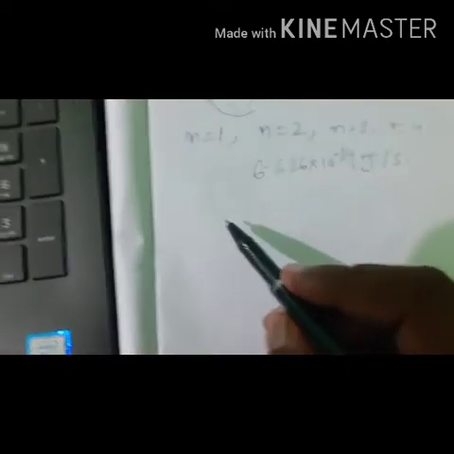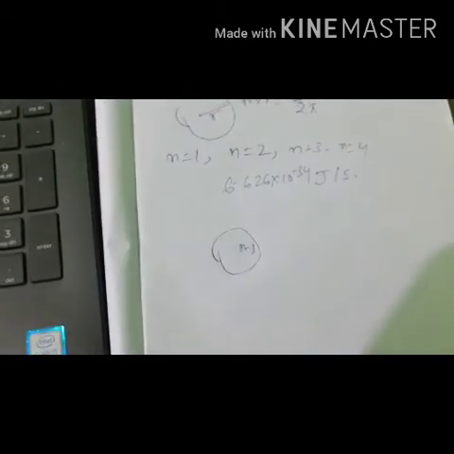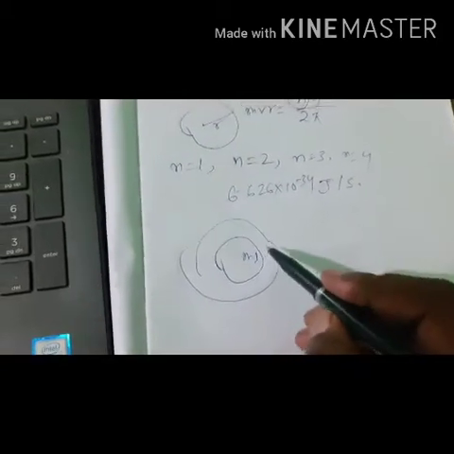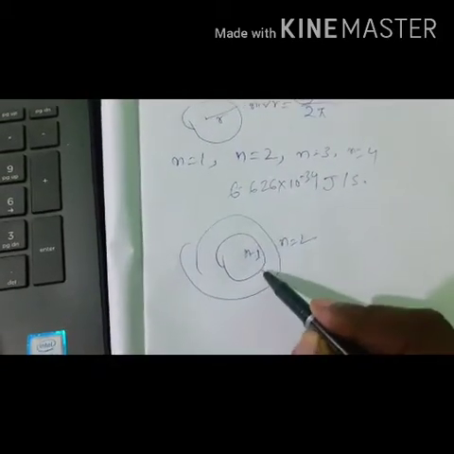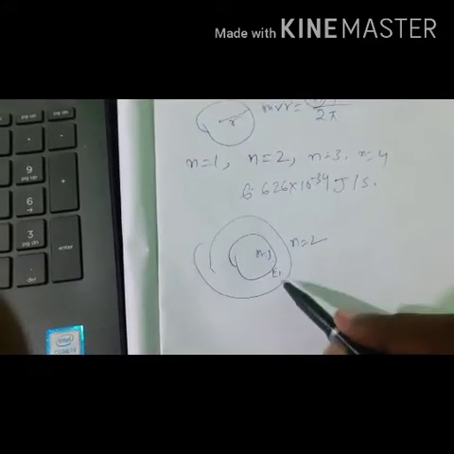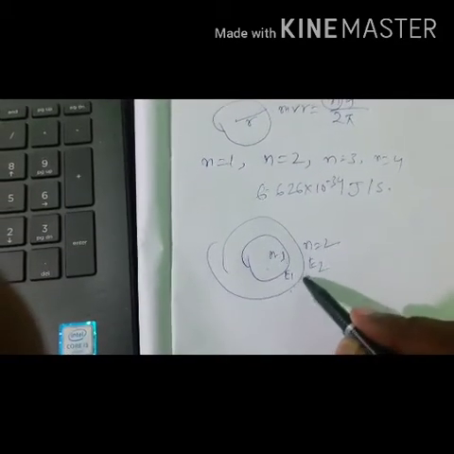Let us take here that the electron is revolving in a circular path, and let us take that this is n equal to 1, and in the second case this is n equal to 2. If the electron stays in the first orbit, let us take that its energy is equal to E1, and when it goes to n equal to 2, its energy will be equal to E2.